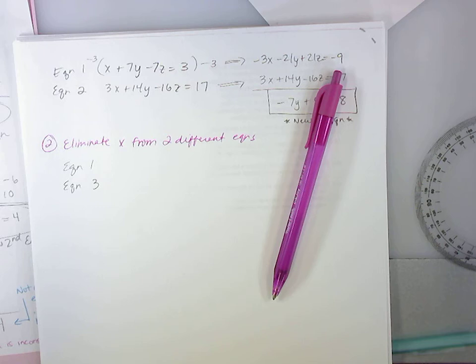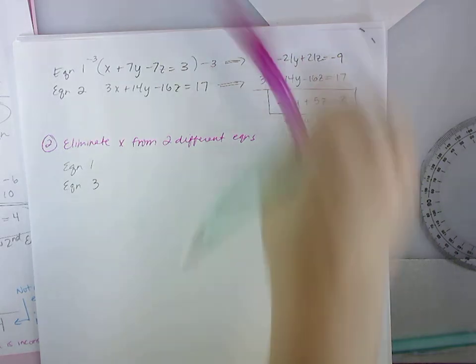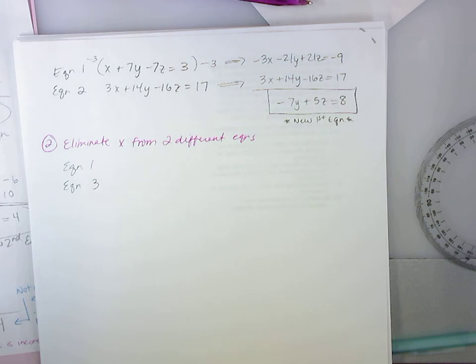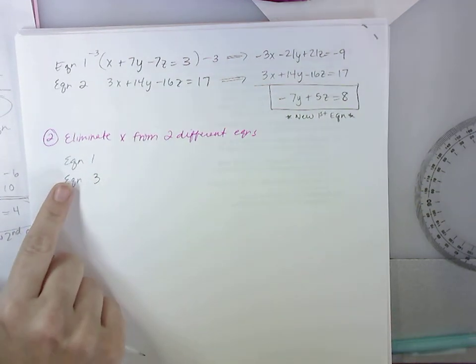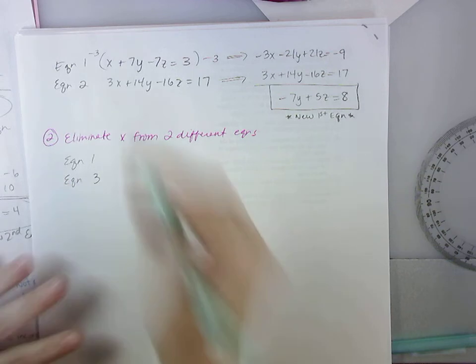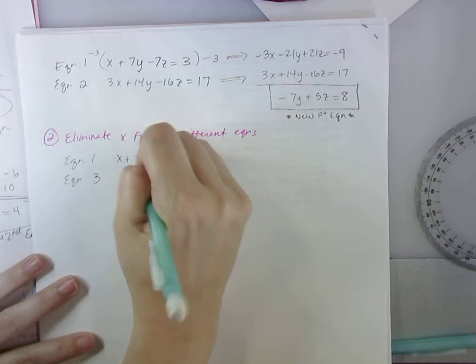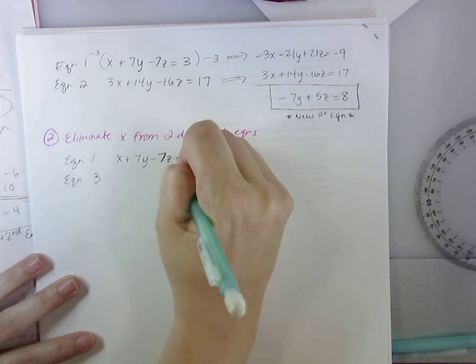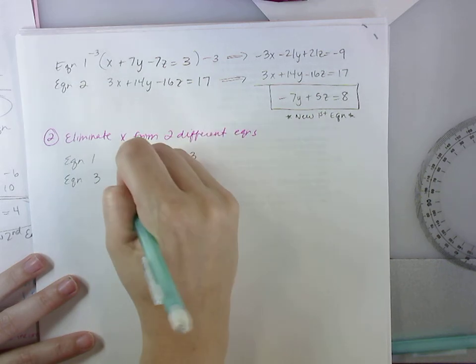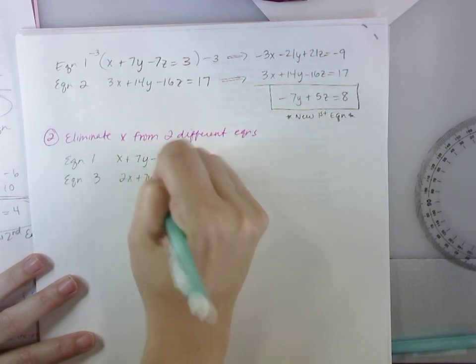What did you say you wanted us to do for this? Eliminate x from two different ones. Okay, so equation 1 is x plus 7y minus 7z equals 3. Equation 3 is 2x plus 7y minus 9z equals 10.